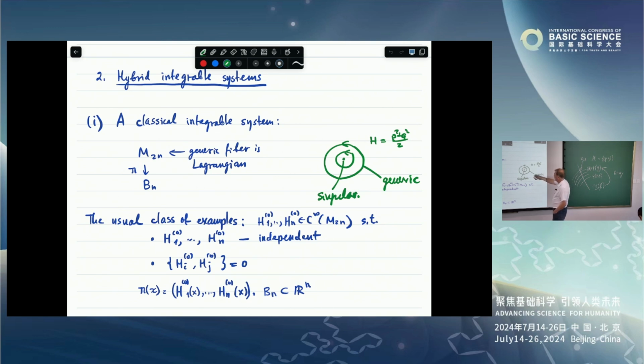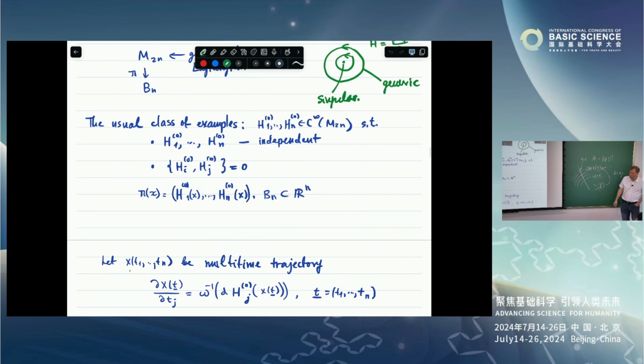So here is a typical example: harmonic oscillator, generic fiber is a circle, and the singular fiber is the origin. The usual class of examples is when you fix n global functions on M such that they are independent and Poisson commutative.